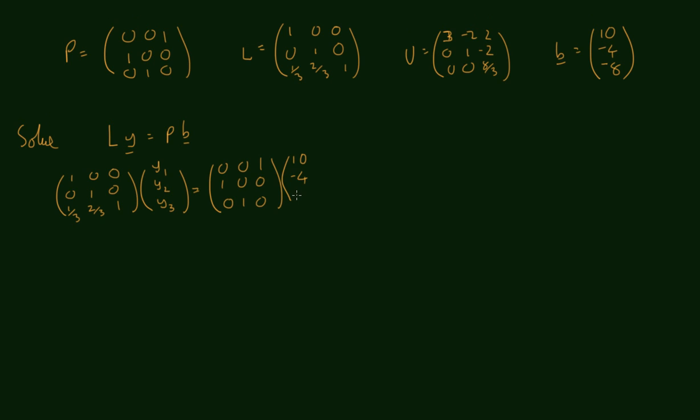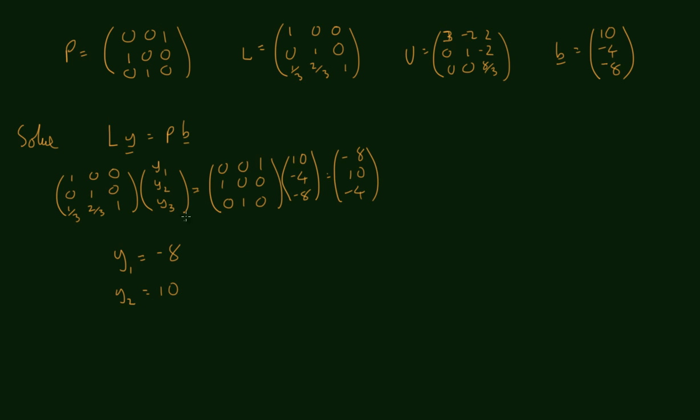It's quite easy to actually calculate this, so this is -8, 10, -4. So this clearly shows that y1 is equal to -8. And the second one's easy as well, so we have 1y2 equals 10.